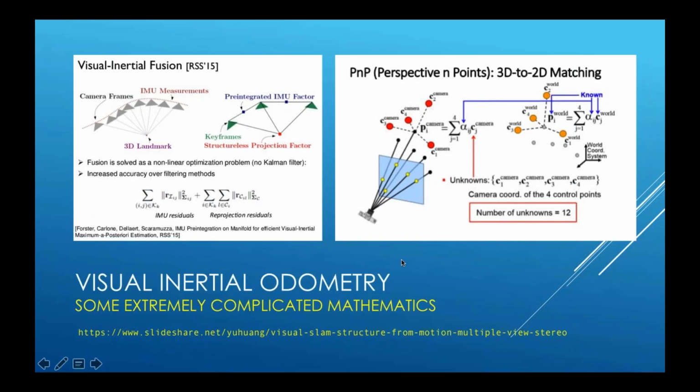So we just talked about this a little bit, but here are some kind of intimidating charts and graphs. There's a great slide share down at the bottom if you want to take a screenshot of this and type in that link. It goes into the deep details of this for anybody that really wants to understand, but suffice to say, some crazy complex math. In my research for this, I found that there's really only about 20 people in the entire world that are capable of building these systems.